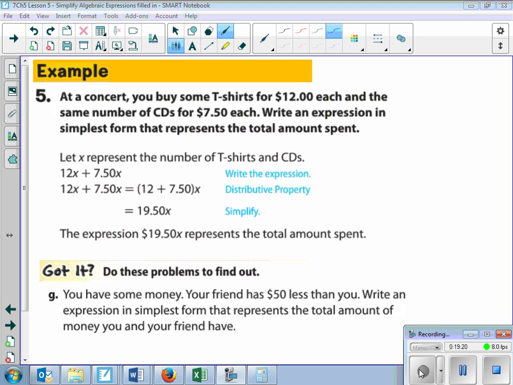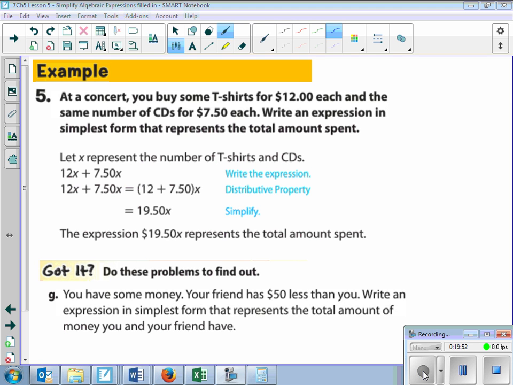The t-shirts cost $12. And then we bought the same number of CDs that cost $7.50 each. So we don't know how many we bought, right? So that's going to be our variable x. So the expression 12 times x, that's the number we're buying, plus $7.50 times x is going to be our expression.